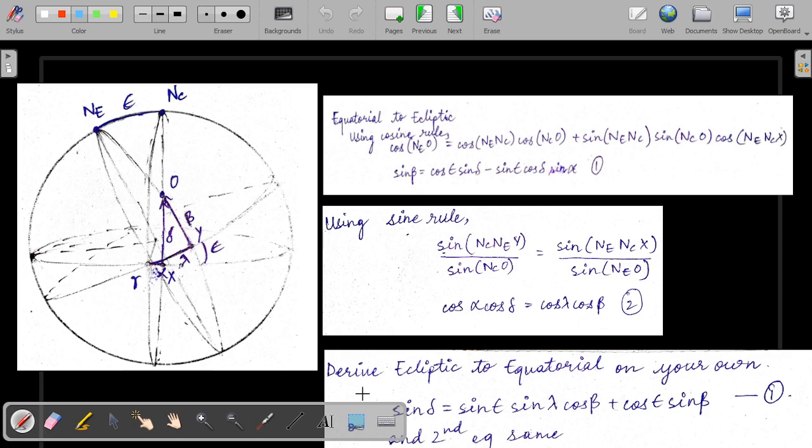You get cosine of alpha times cosine of delta is equal to cosine of lambda times cosine of beta. These are the two equations from the equatorial to ecliptic.